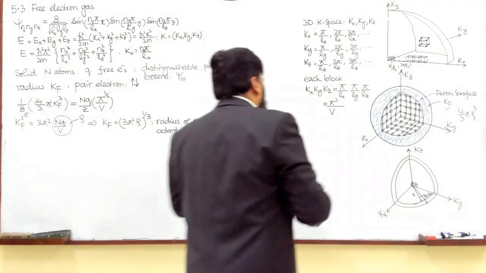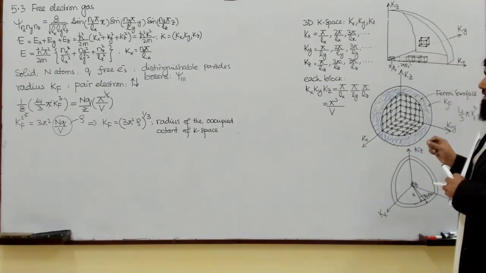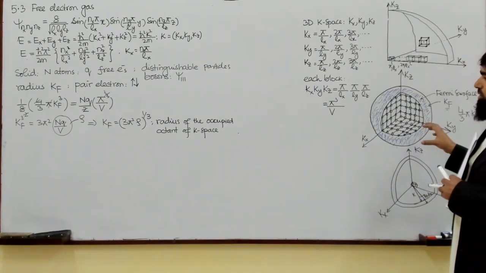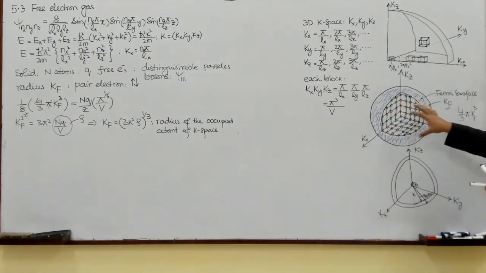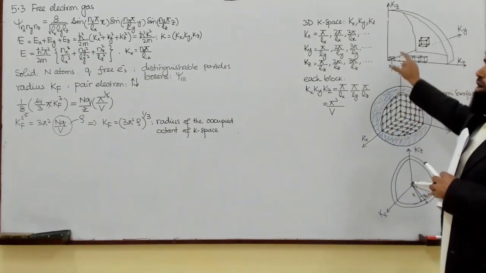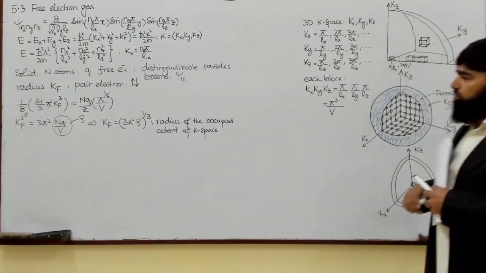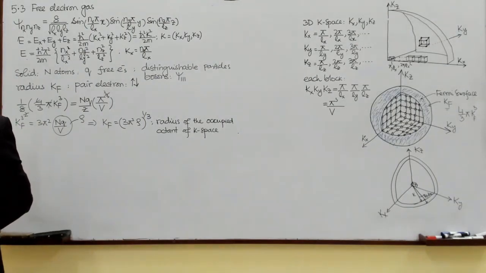So this is the radius of the occupied octant, not of the whole, because the volume of the whole sphere is 4 by 3 pi kf cube. And now I found the value of kf for the octant, meaning the one block that I am considering.